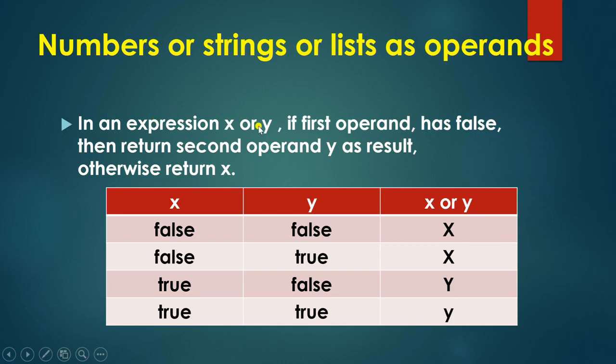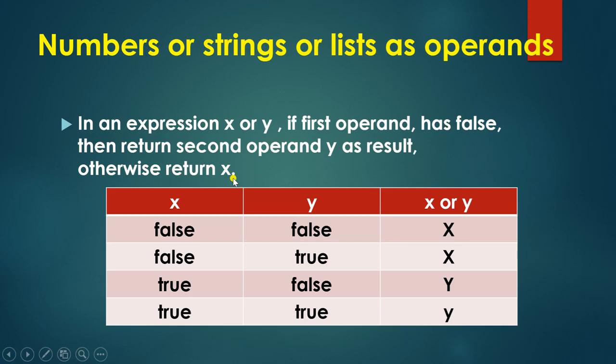So in an expression x and y, if first operand has false, means the first operand, this one is the first operand, has the false, then it will give you the result as a second operand, the value of the second operand y as result.